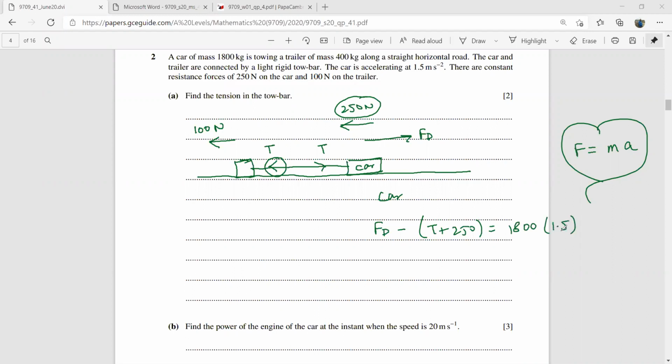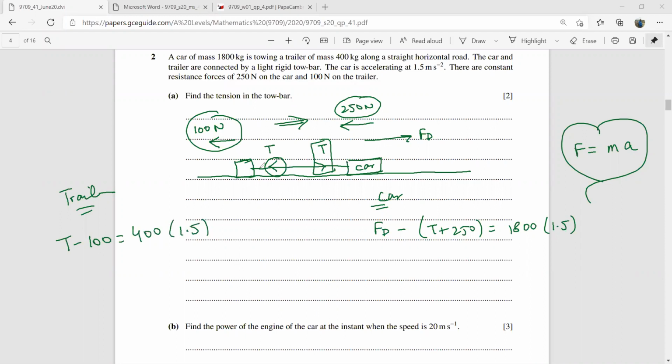And for the trailer, this tension is pulling the trailer in this direction, so T minus the backward frictional force of 100 is equal to its mass, which is 400, times the given acceleration.